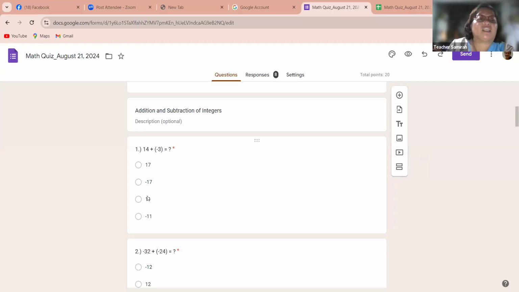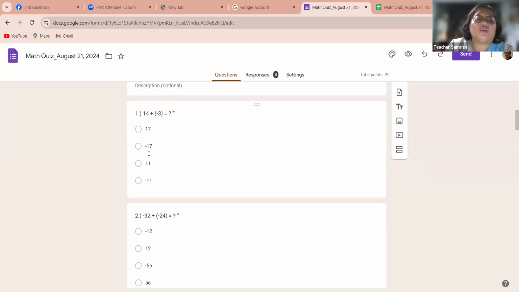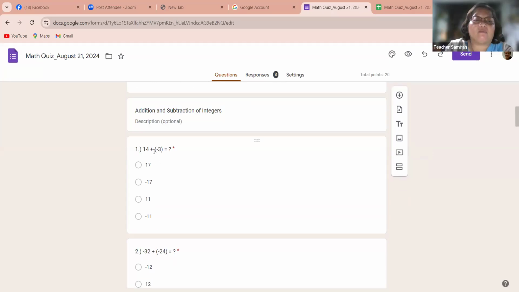Okay, in this case, number one, what do you notice about the first problem? Is it the same sign? No. So what are you going to do? Are you going to add or are you going to subtract? Subtract.